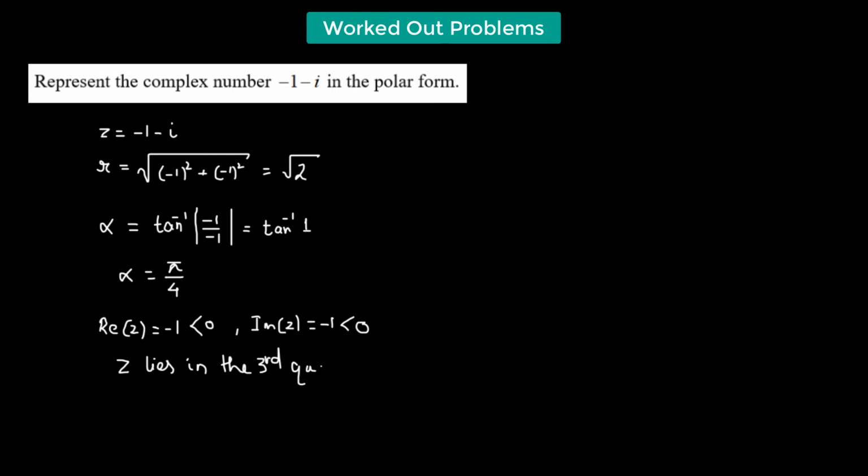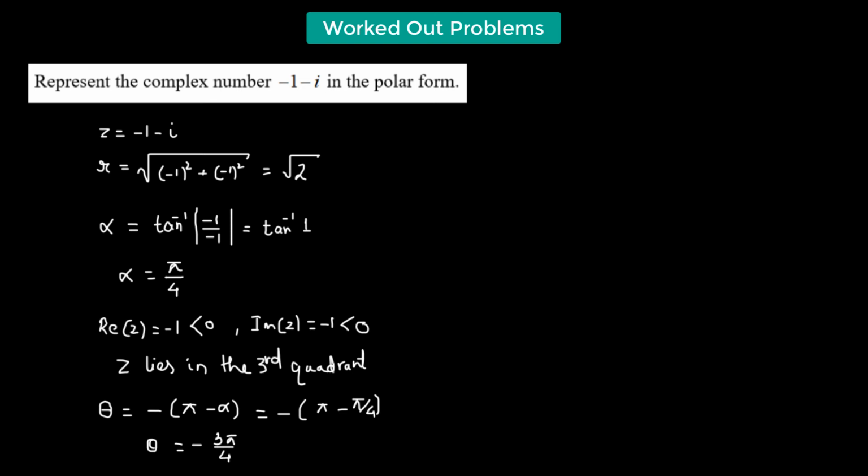Whenever a complex number lies in the third quadrant, the argument of the complex number, which is theta, is given by the negative of pi minus alpha. So we have negative of pi minus pi over 4. That gives us theta value as -3 pi over 4.